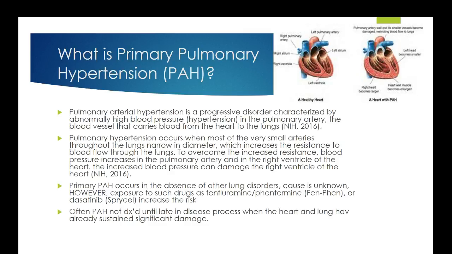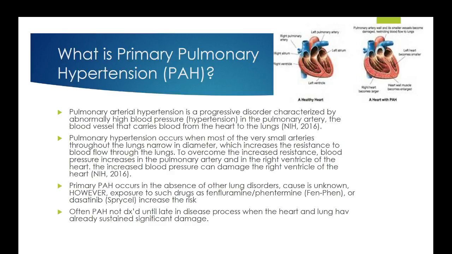Well, in the case of pulmonary arterial hypertension, we get some occlusions in the pulmonary arteries, or the pulmonary vascular system in general. It's interesting to note that it doesn't just affect the arteries, but rather the vessels in the lungs in general.